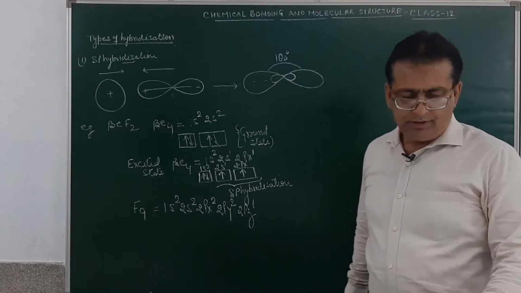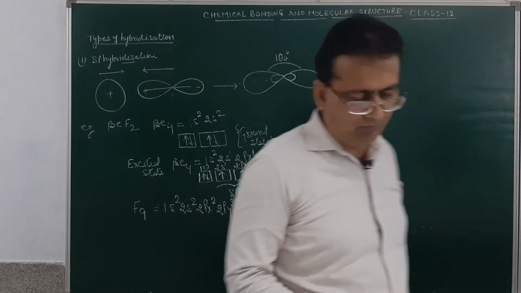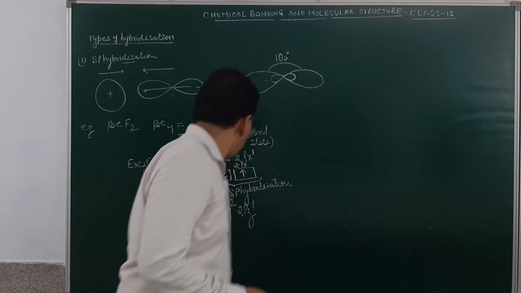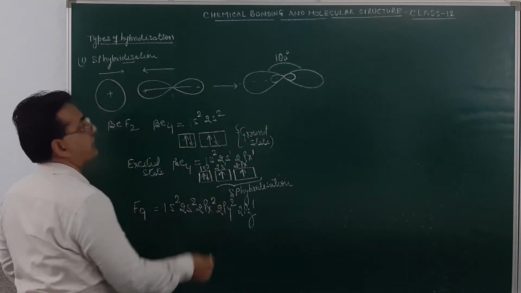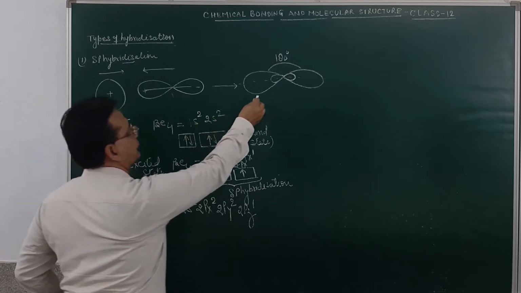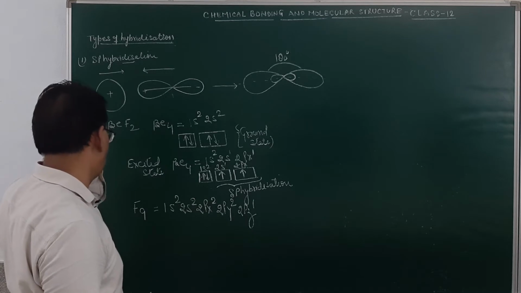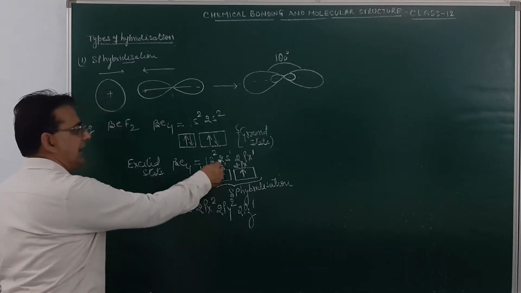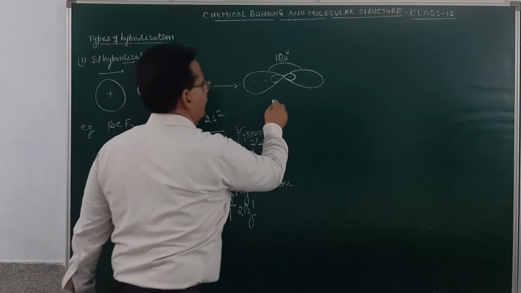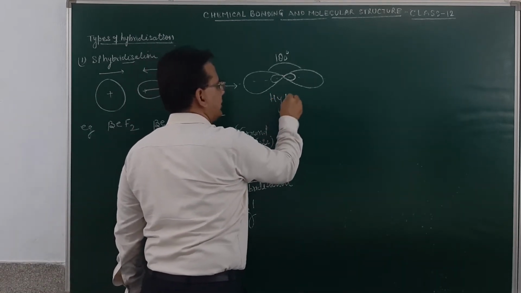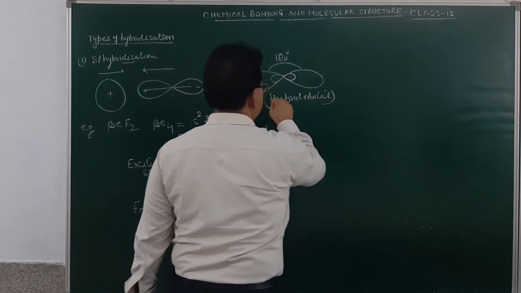So when the bond formation takes place, how will it take place over here? Just see very carefully. In beryllium, it will result in the formation of 2 hybrid orbitals. How? This half-filled s and p atomic orbital mix together to form the hybrid orbital.